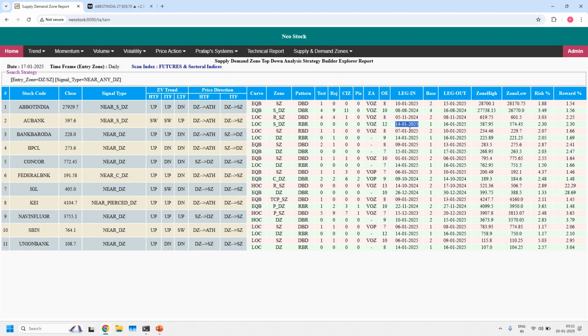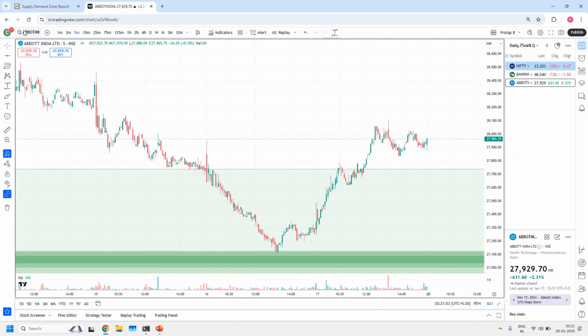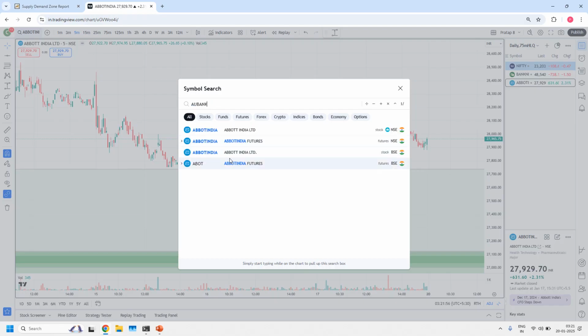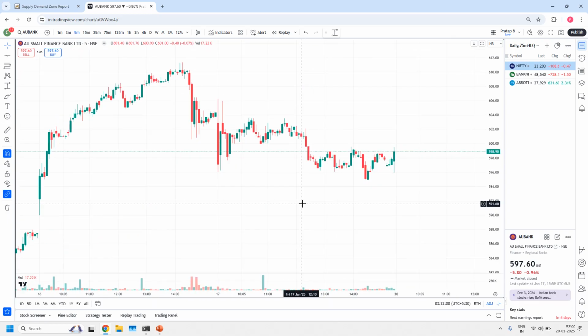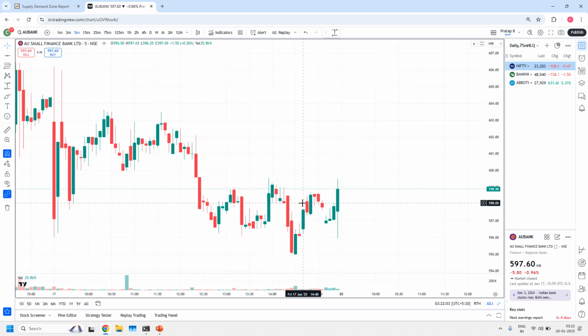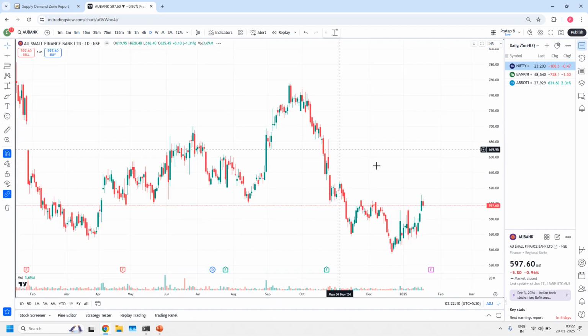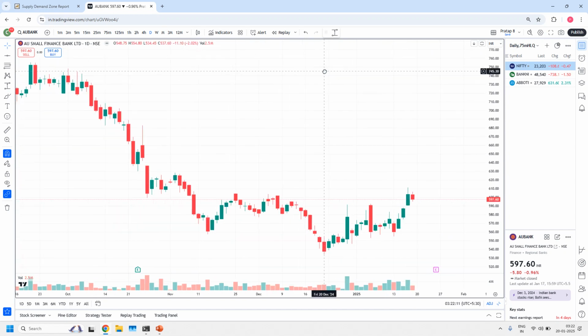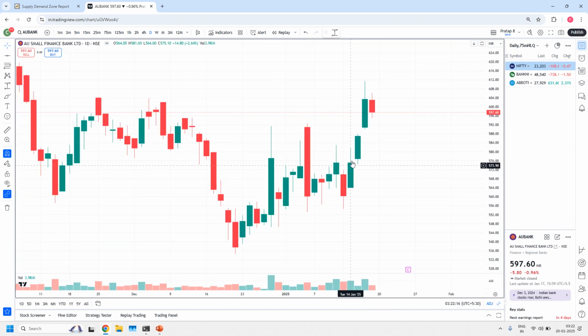So this zone was created on 14/1/2025. After that, one base candle. This is a daily demand zone, so we are on the daily time frame. This is one big candle, a rally candle.